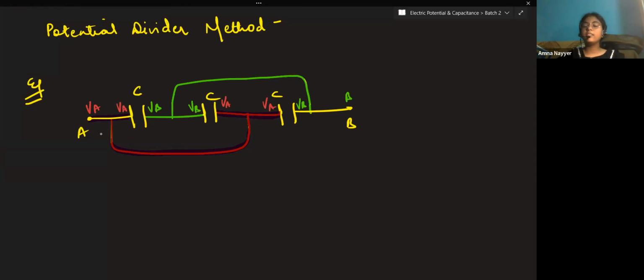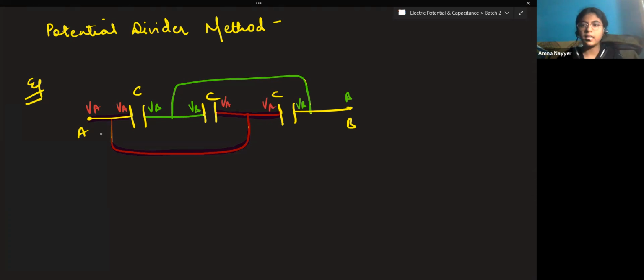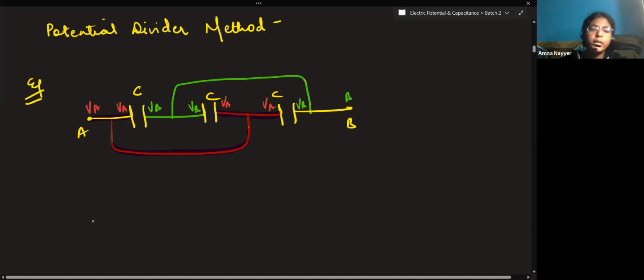Now, how to identify whether they are connected in series or in parallel? See how to identify. How many potentials are there? 2 potentials are there, VA and VB. 2 potentials you are able to identify. Now, make them points. Make the point VA, make the point VB. And what capacitors are coming in between these? Just add them.